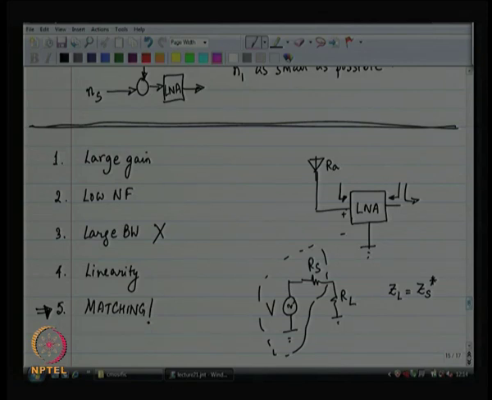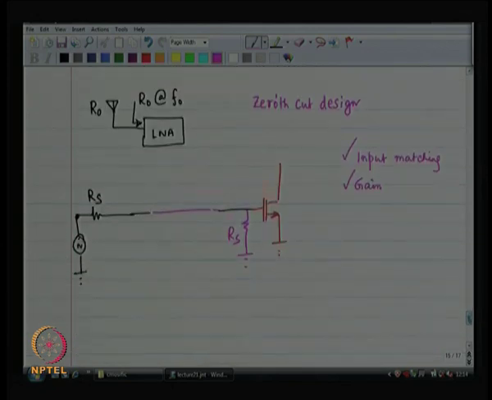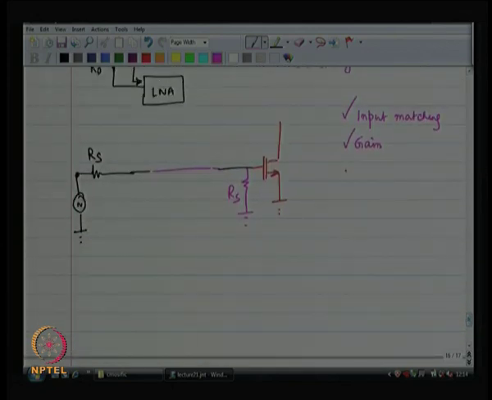I will do whatever needs to be done to get good linearity, etc. But a low noise amplifier needs to have a low noise figure. What is the noise figure of this? What is the minimum noise figure offered by this low noise amplifier?